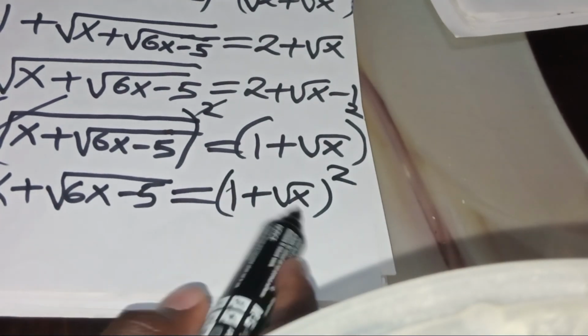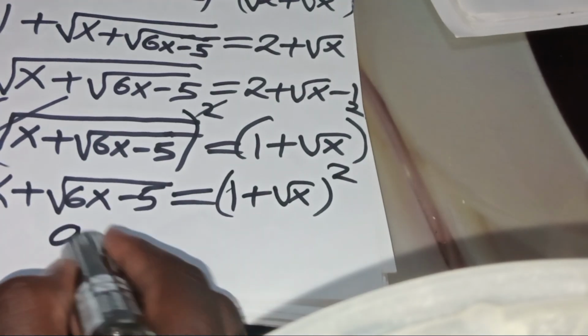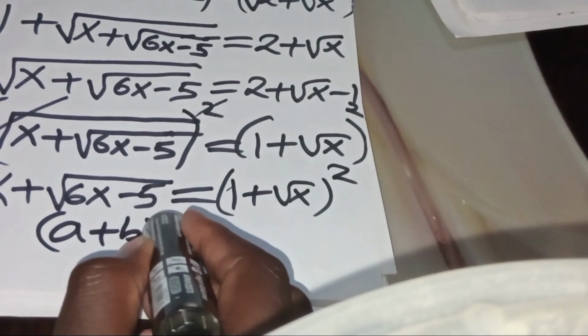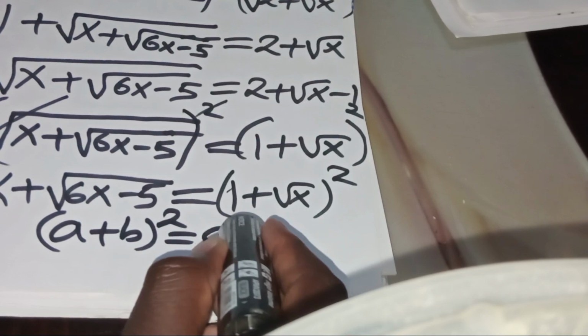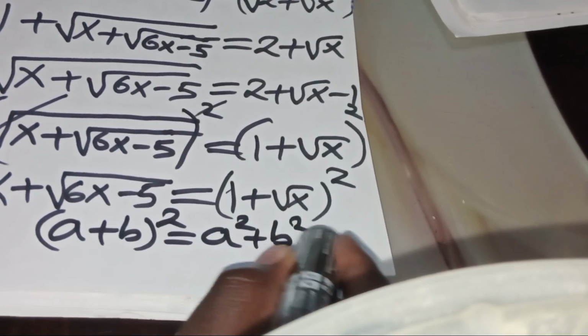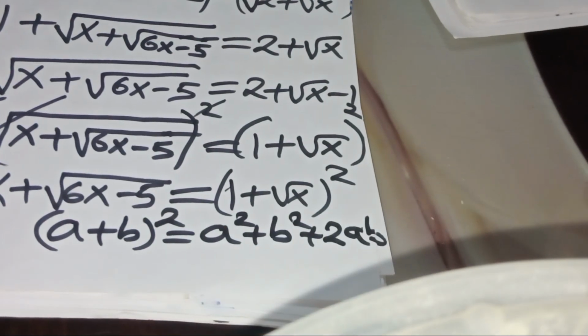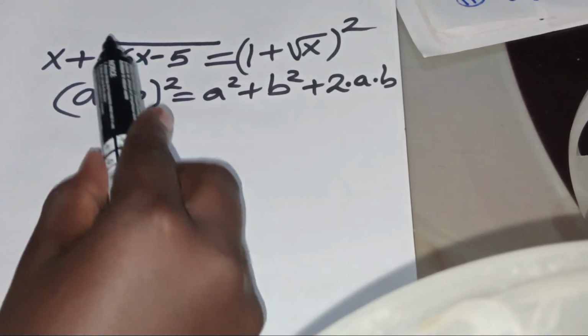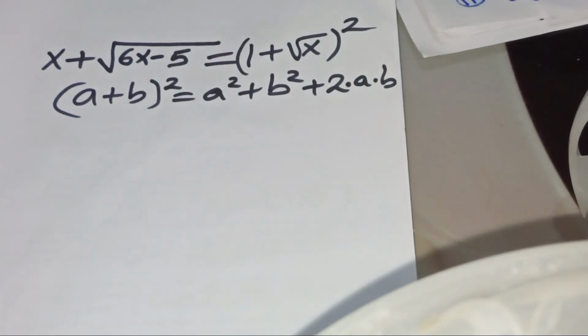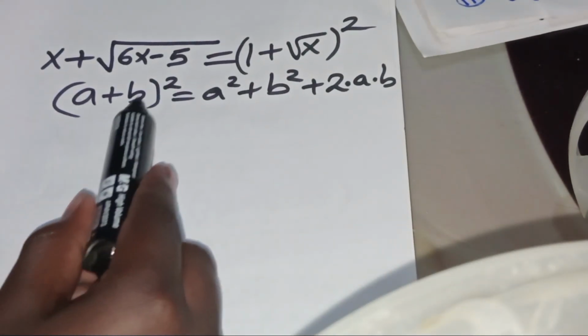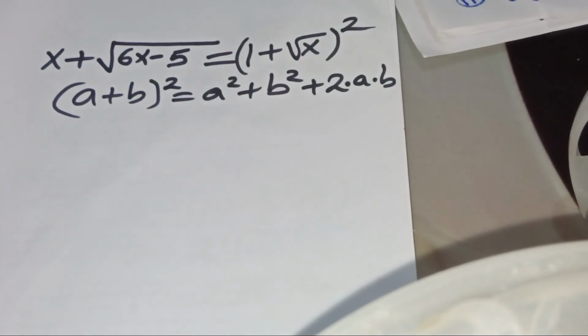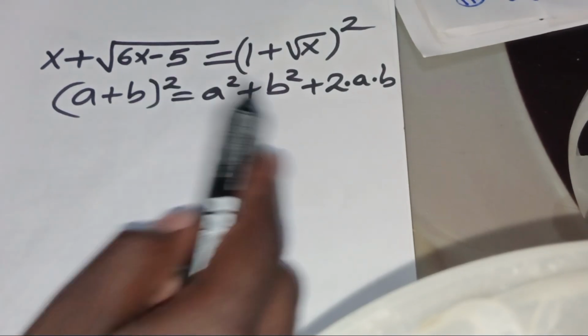So 1 plus square root of x raised to power 2 is in the form of a plus b squared, which you can express as a squared plus b squared plus 2 multiplied by ab. So let's apply this property.